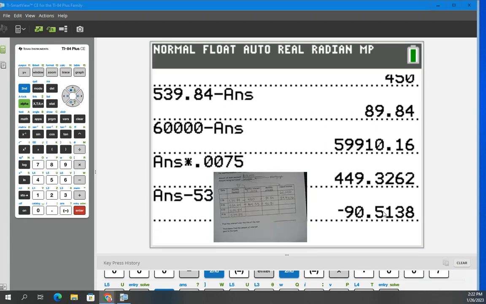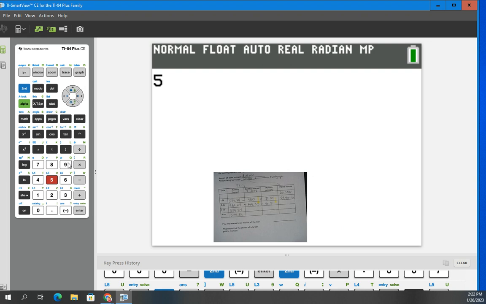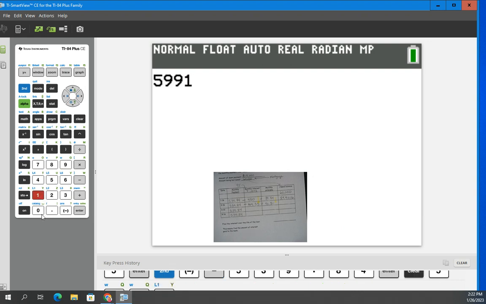So just like with the car payment, notice that every month we are paying a little bit less in interest, and every month a little bit more is being paid towards our principal. Okay, so then we go 59,910.16.